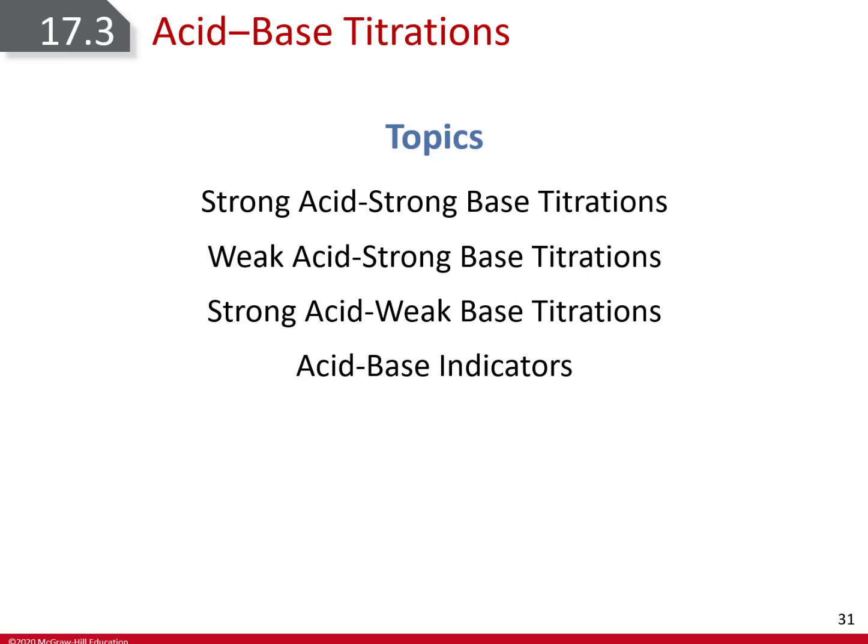Once you exceed one of those, either the conjugate base or the acid, the buffer fails. It's no longer a buffer anymore. So once you exceed buffering capacity, the buffer no longer works. That's a summary of what we did in sections 7.1 and 7.2. And our next video will be on acid-base titrations.